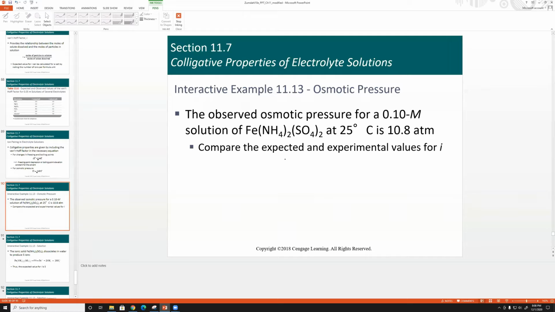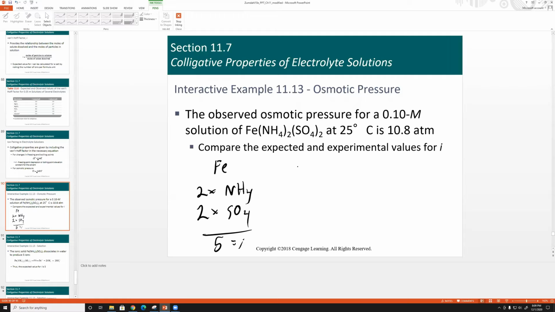What do you think would happen? What would dissolve? How many particles? Five. Good. You'd have Fe, you'd have 2 NH4s, you'd have 2 SO4s. So that's going to be 5 equals i.